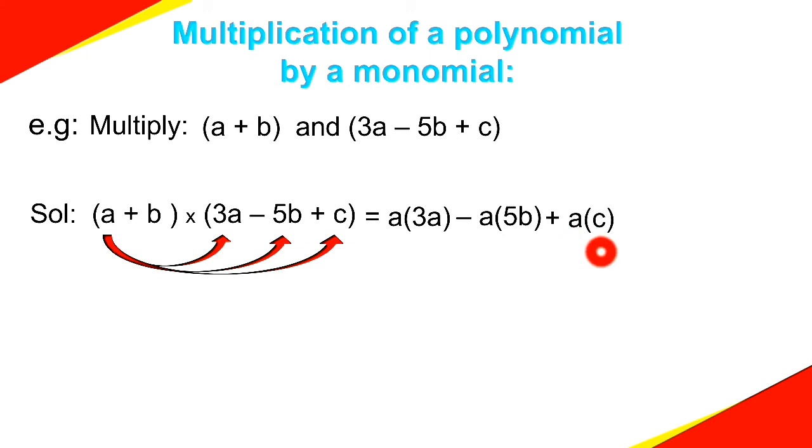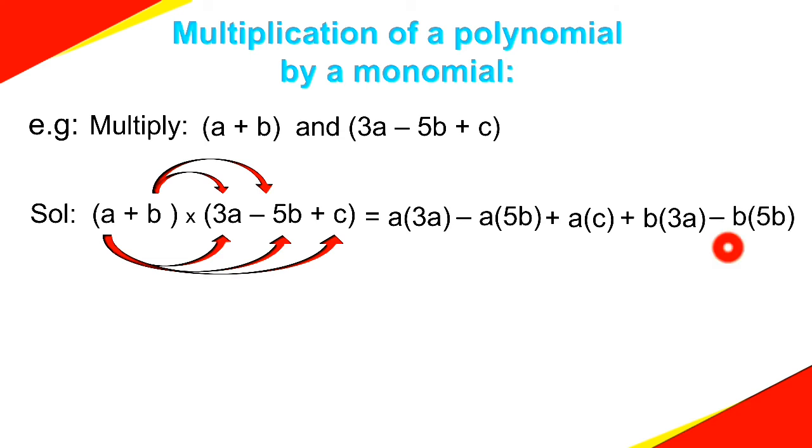Plus a into c. Now we go for the second term, that is b. b into the first term of the next bracket. b into 3a. Next, minus b into 5b. At last, plus b into c.